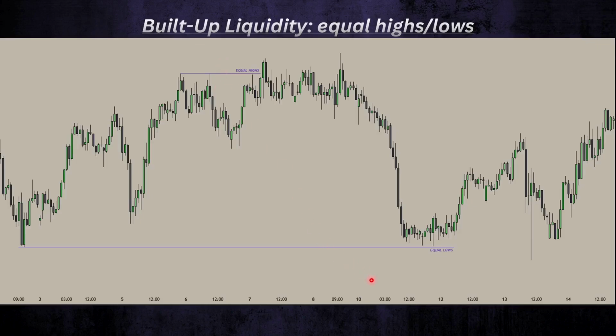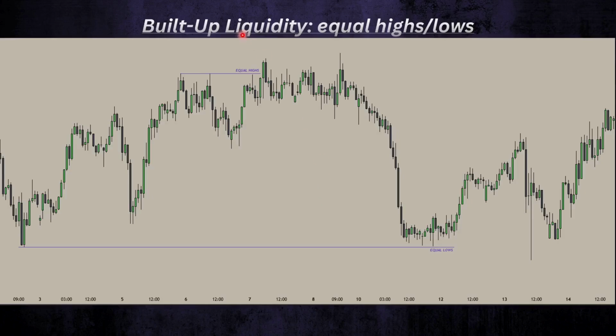Same thing with equal lows. Retail sees support. They think the market is holding, but beneath that level, a growing pool of sell stops is forming. This is why equal highs and equal lows matter so much. They are not showing strength. They are showing build-up. They are showing where the algorithm has layered pockets of liquidity that it is eventually going to reach for.